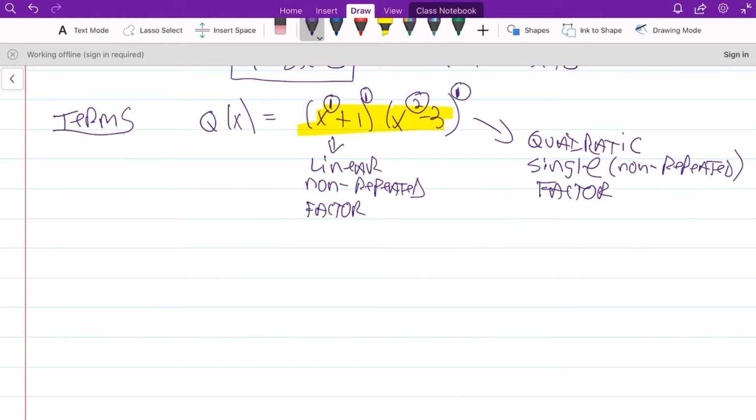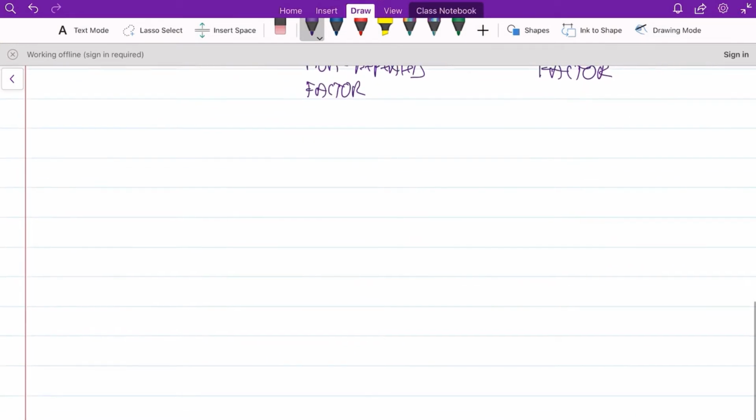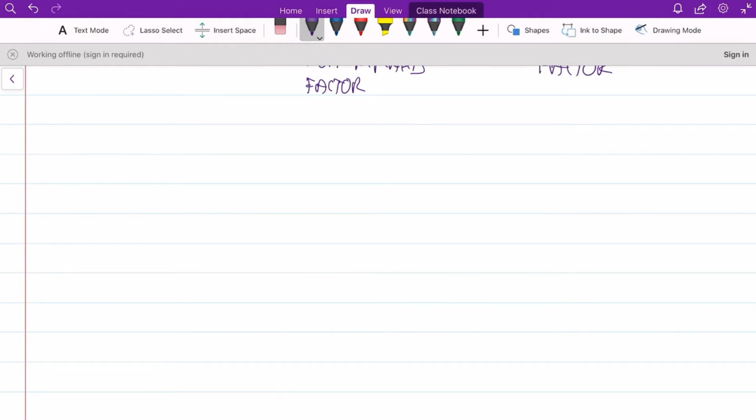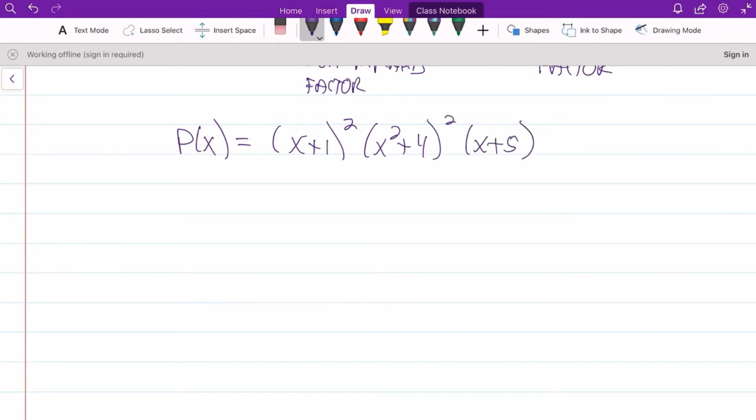Now, I'm going to extend this a little bit in the next example. So let's use another function here. Let's use p of x, and let's do this one. So if we had (x plus 1) squared times (x squared plus 4) squared times (x plus 5). All right?